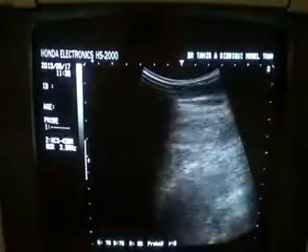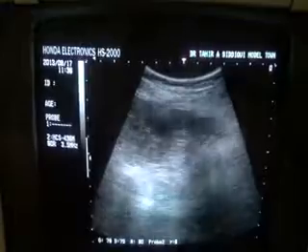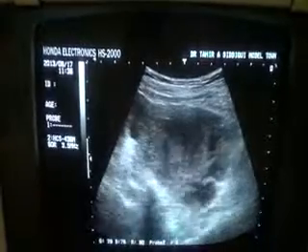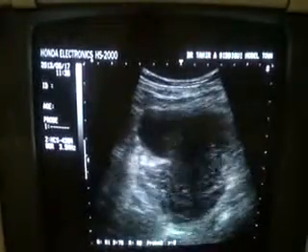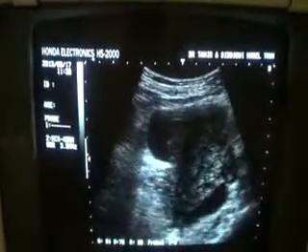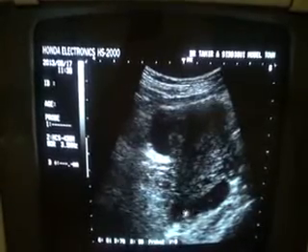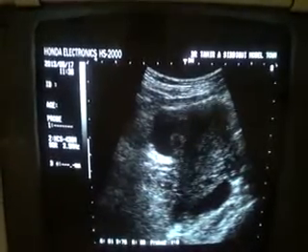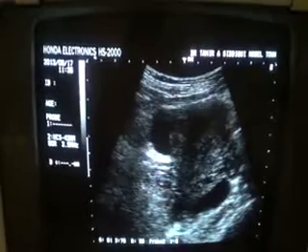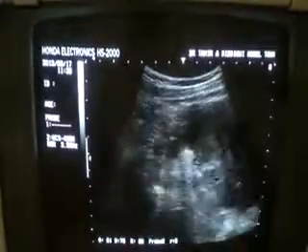So all these findings combined together are suggestive of a case of ectopic twin pregnancies, ruptured, because of the fluid, the bleed you are seeing posterior to the uterus, in transverse section, the cystic area or the gestational sac.